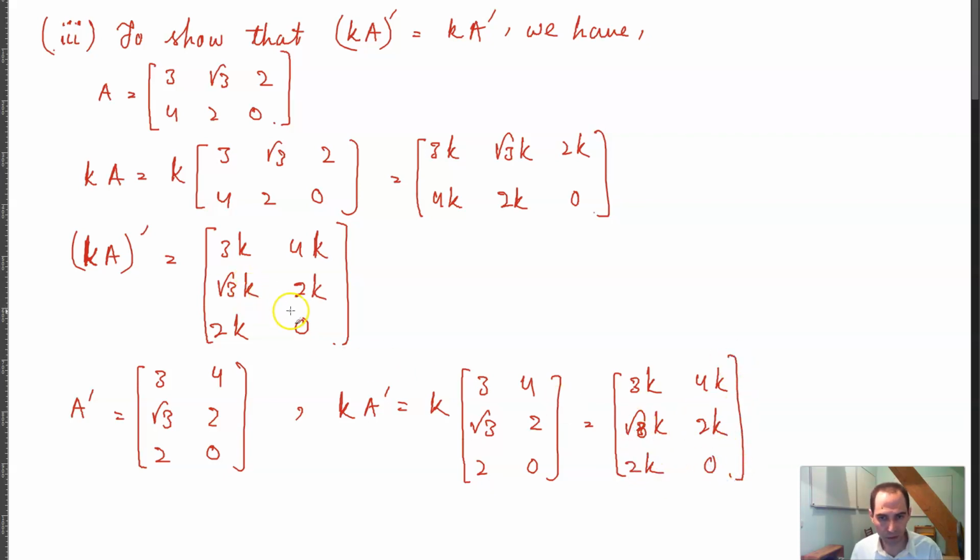And if you compare these two matrices, you will see that they are the exact same matrices, meaning that k A transpose is equal to kA whole transpose. That is the three parts of this question.